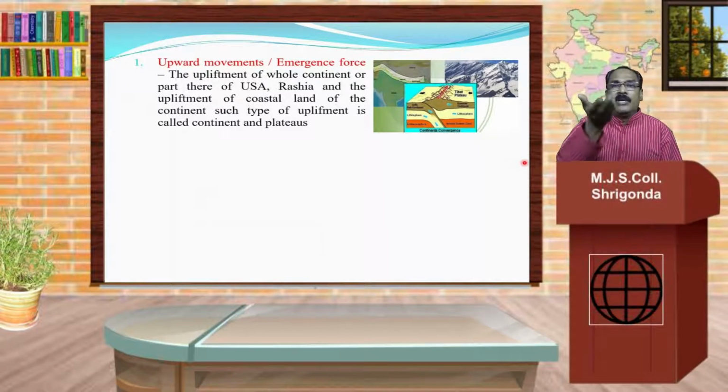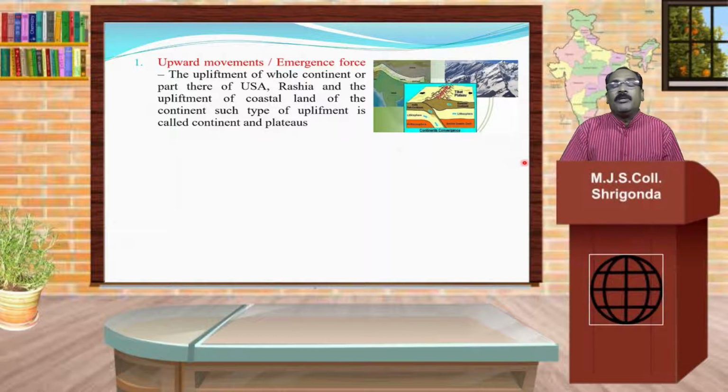With upward movements, there is the upliftment of whole continents or parts of them, such as parts of USA and Russia, and the upliftment of coastal lands of the continent.